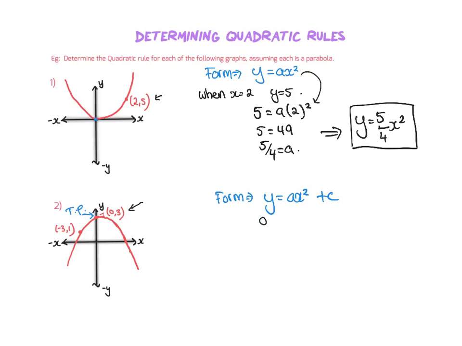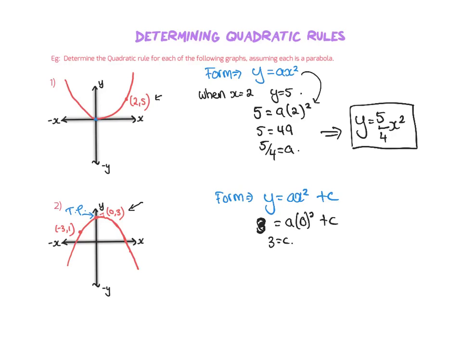Alright, so you could just look here and see that it's moved up, but if you sub that point in, 0, 3, equals a times 0 squared plus c. So you can see how you get 3 equals c, but we could just see that anyway.